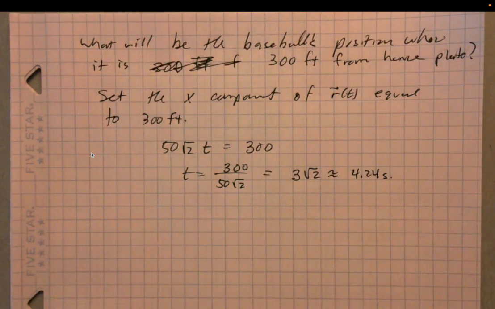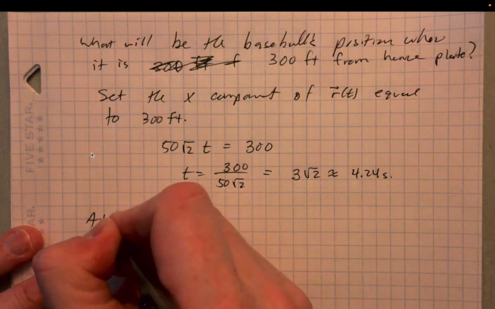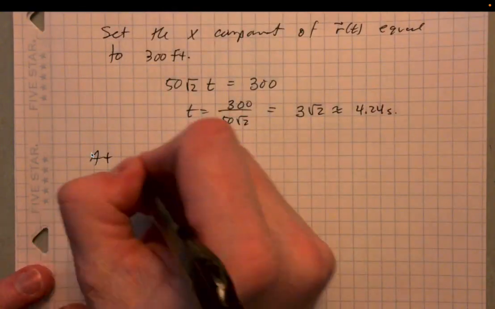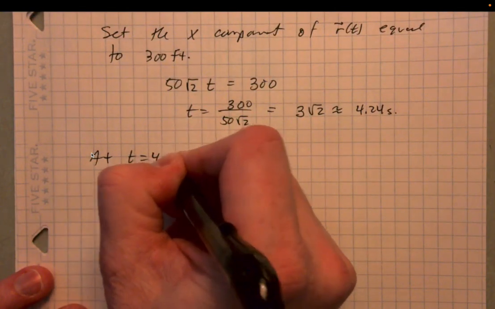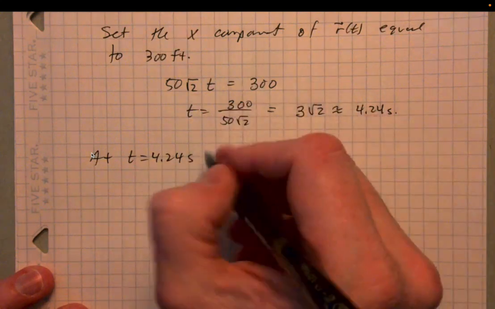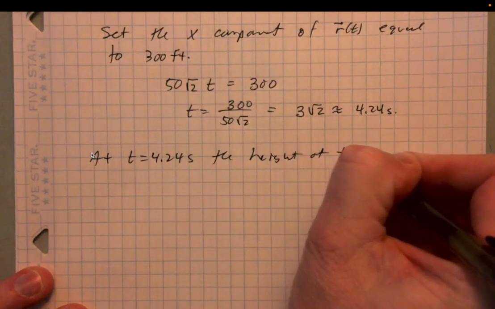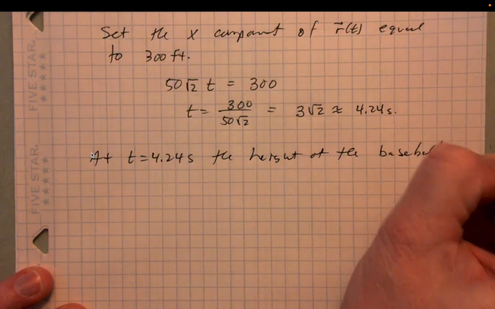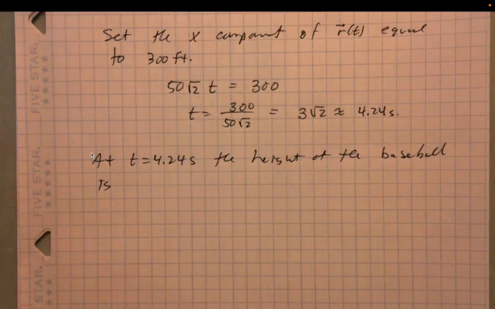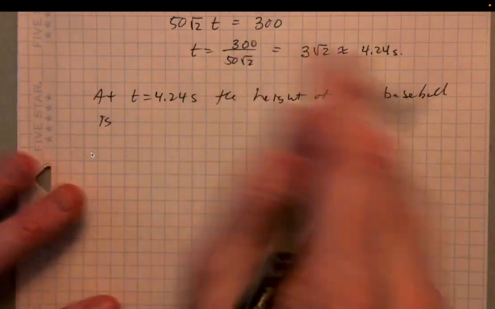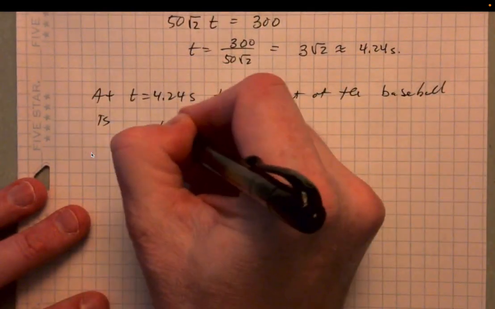Okay, and so that's not the answer. Obviously, that just tells us what value to plug into the position function. So at t equals 4.24 seconds, the height of the baseball is, well, basically we just have to plug into y of t, don't we?